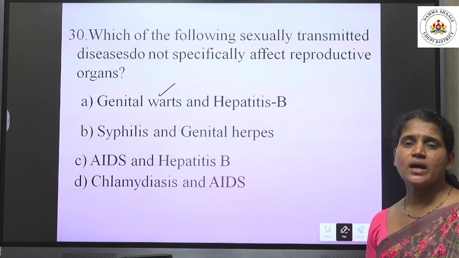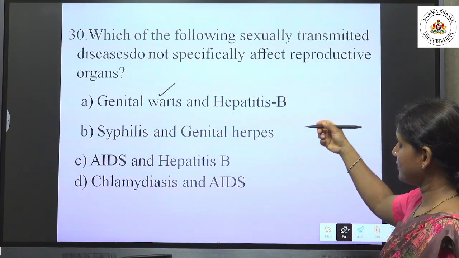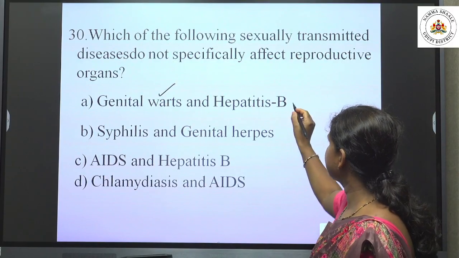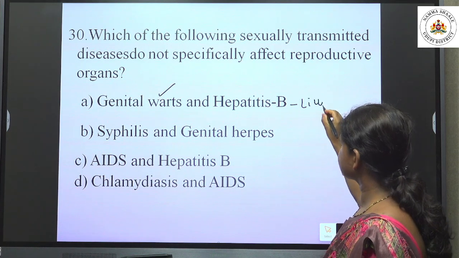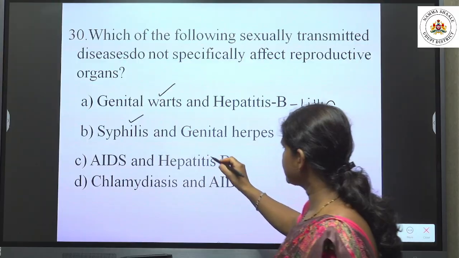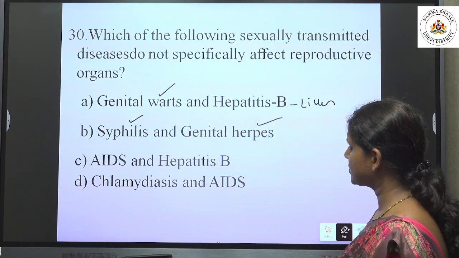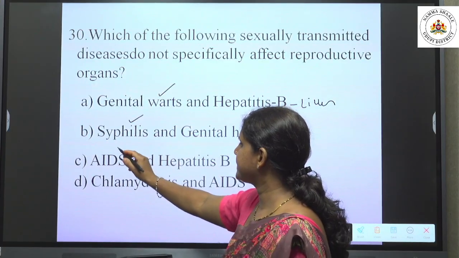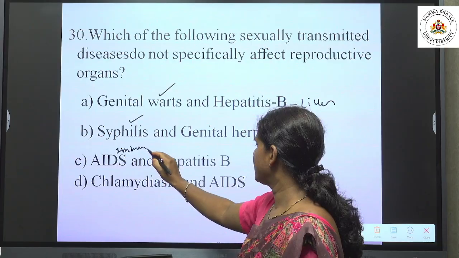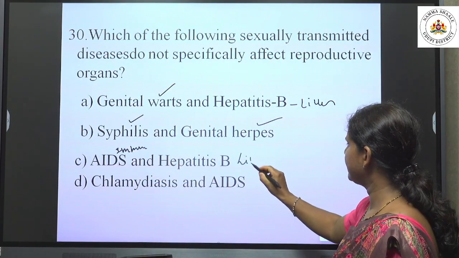It leads to liver cirrhosis or liver cancer. It is not to the reproductive system. Syphilis and genital herpes affect the reproductive organs. AIDS mainly affects the immune system. And hepatitis B mainly affects the liver.